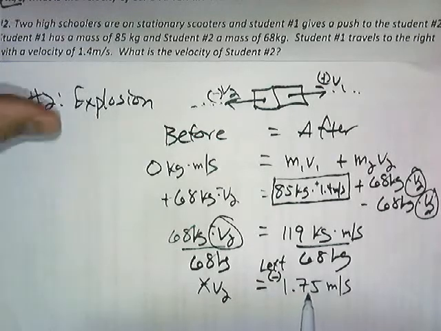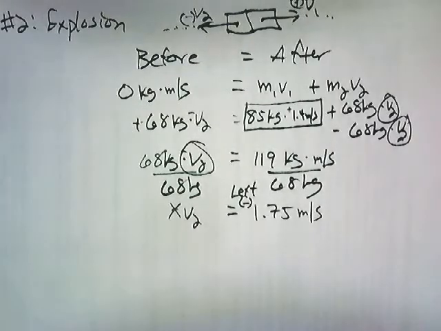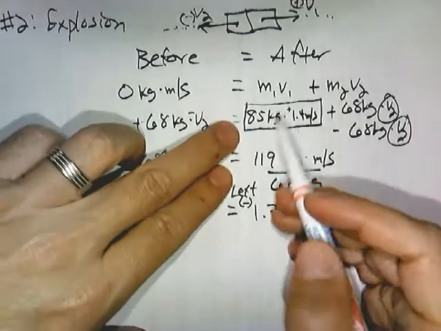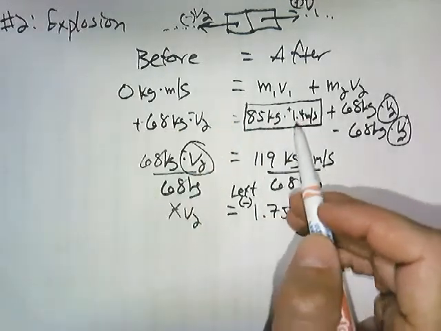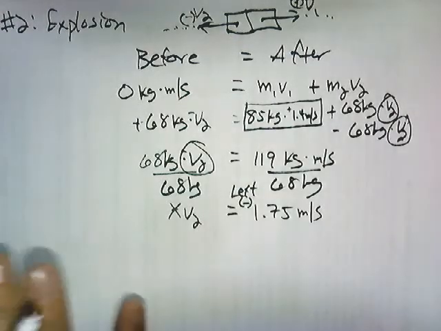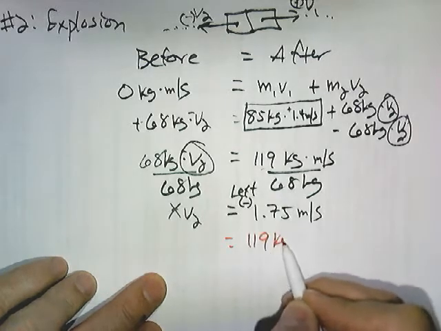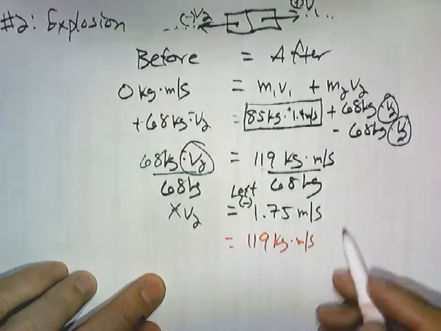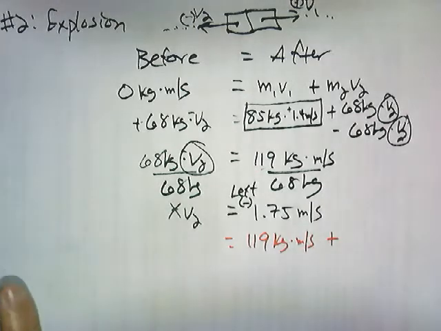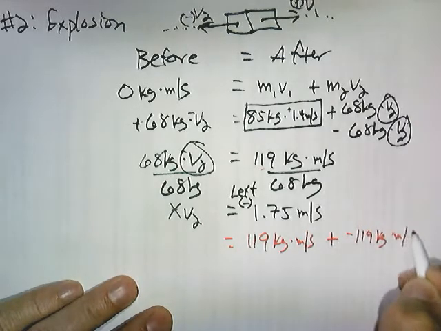So therefore, if I multiply these together, my momentum before must equal my momentum after. And I can always go back and check my work. The momentum of 85 times 1.4 equals 119 kilogram meters per second, plus I can take 68 times 1.75, which is a negative 119 kilogram meters per second.